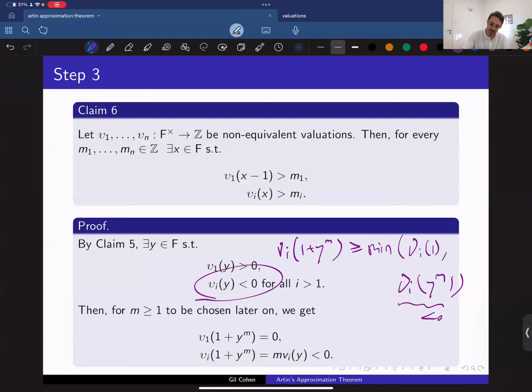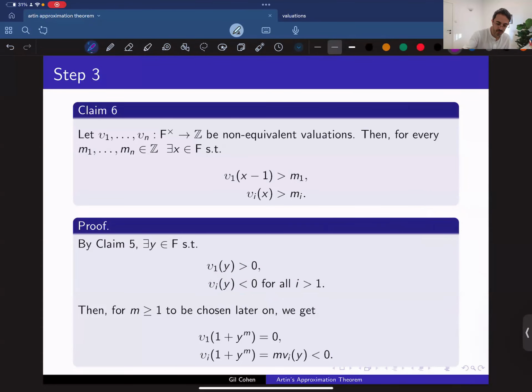And indeed, that becomes an equality because of this triangle inequality, because this is 0. And so that is indeed negative. But you can just stay with the formality. You want to understand what's going on, so things will be clearer for you. Anyhow, we're going to choose m larger or equal to 1 such that, for every m, this holds, but we're going to choose m later on.